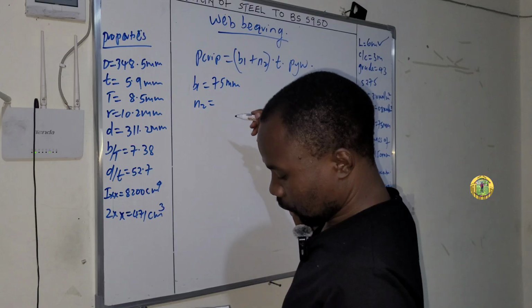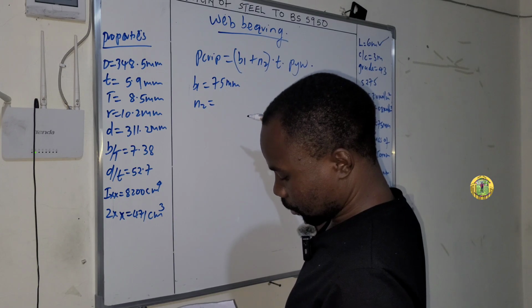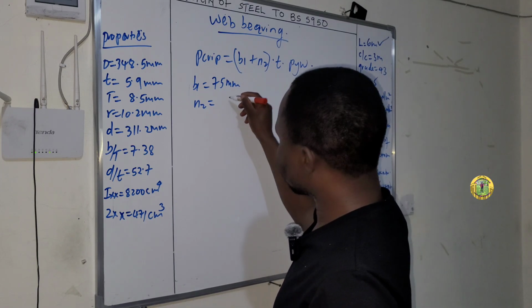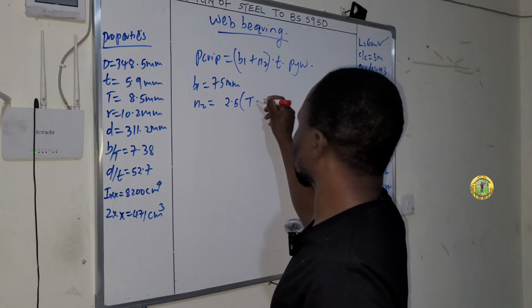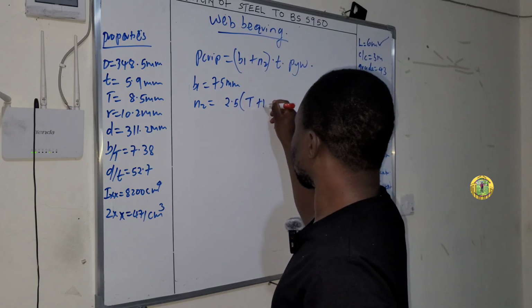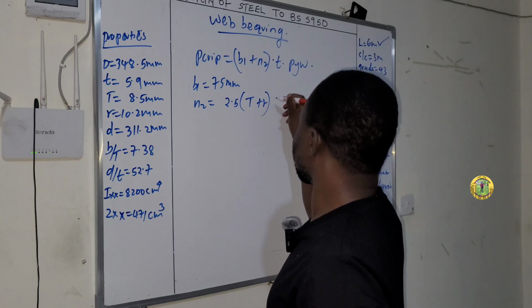N2 is given by this formula, 2.5 into bracket capital T plus small r.